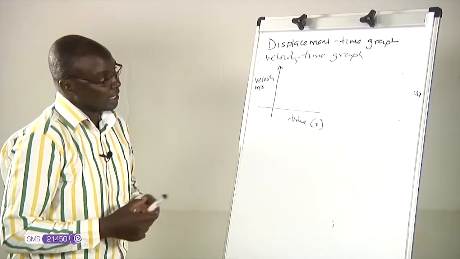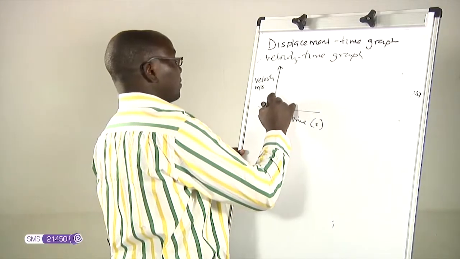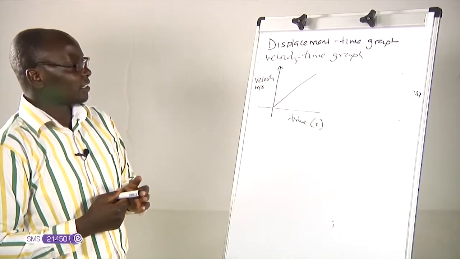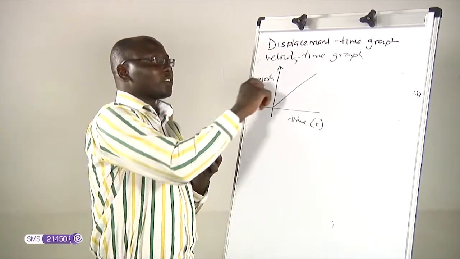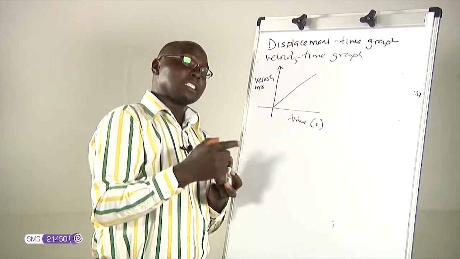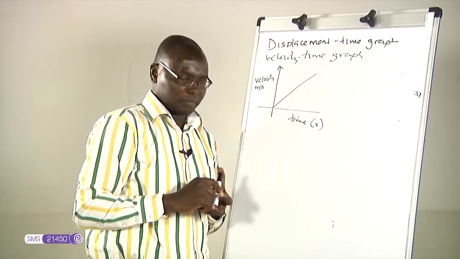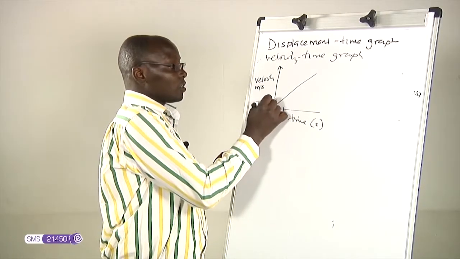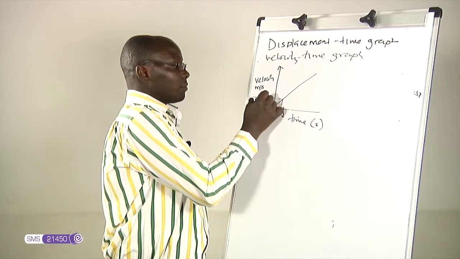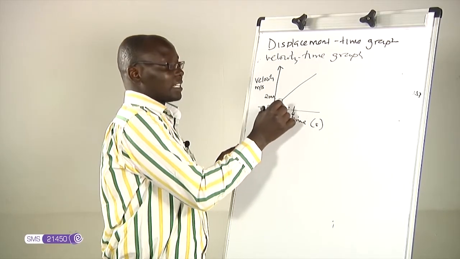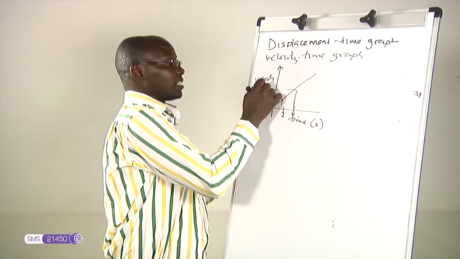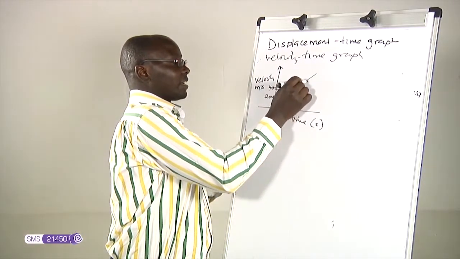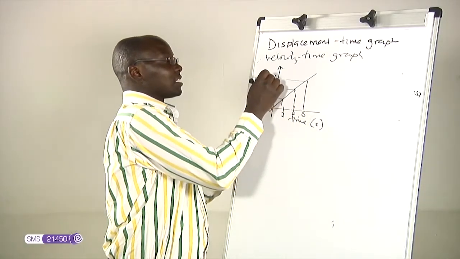Now, we can have the first curve, which is a straight line like this one. Being a straight line, it shows that the rate of change of velocity with time is uniform. Suppose this is 0, here we have 2 seconds, which is maybe 20 meters per second, 4 seconds corresponds to 40 meters per second, and 6 seconds corresponds to 60 meters per second.